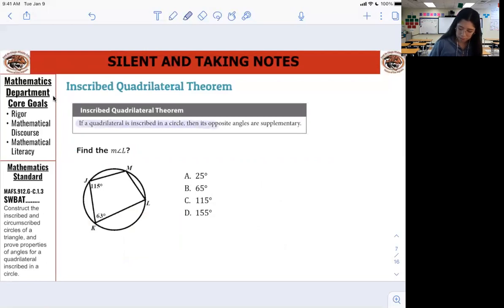If a quadrilateral is inscribed in a circle, then the opposite angles are supplementary. And as a reminder, supplementary means that they add up to 180. So go ahead and tell me in the poll, what is the measurement of angle L?